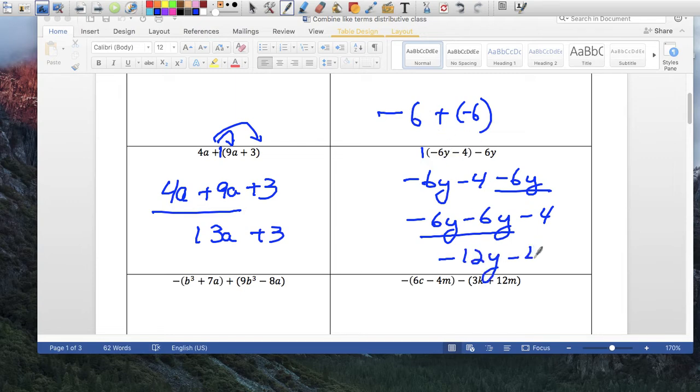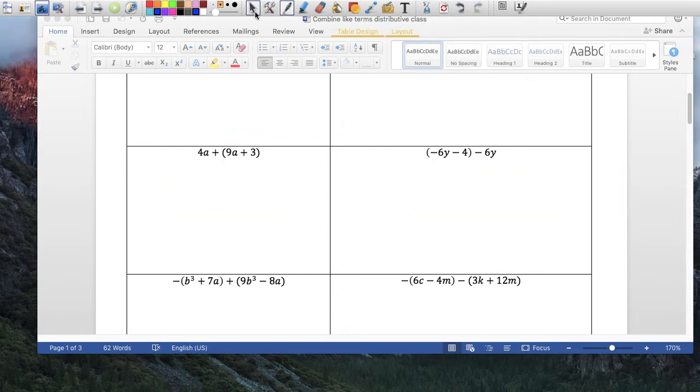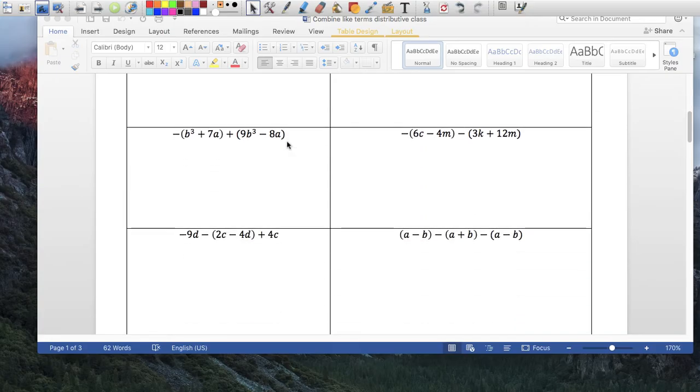Y minus 4. You need to remove the parentheses before you combine like terms. You can't just combine this with this right away. So let's remove them, and pretend there's a 1. You'll notice there's a negative sign in front of the parentheses, and it's literally going to change every term inside to its opposite.